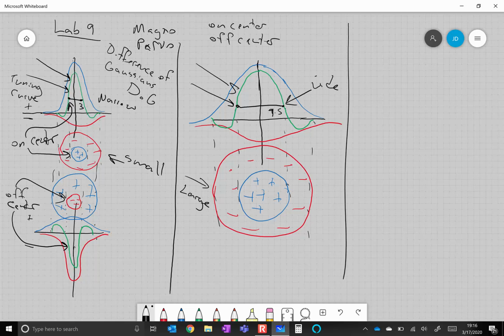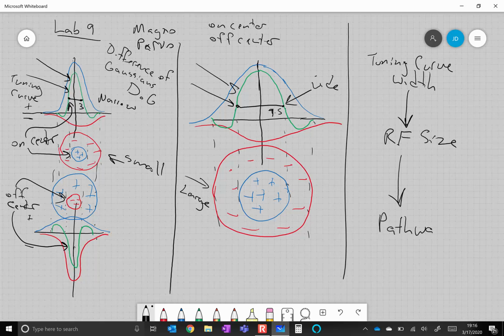Now the real question is, how does tuning curve width relate to receptive field size, and how does that relate to pathway?